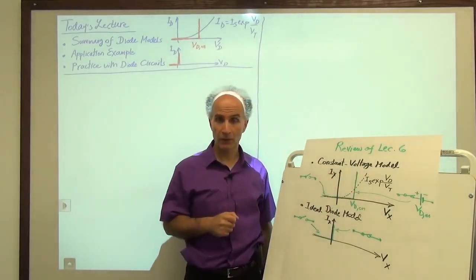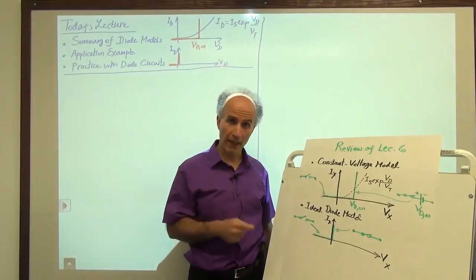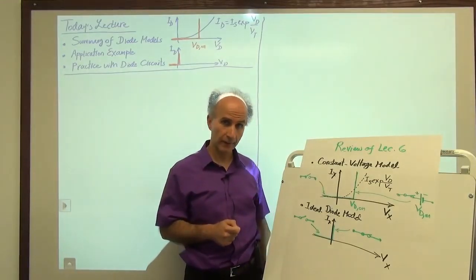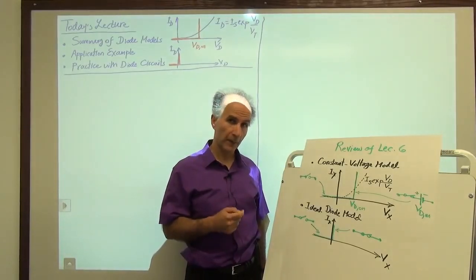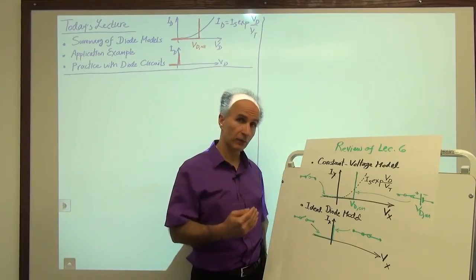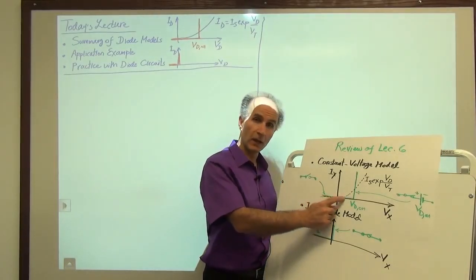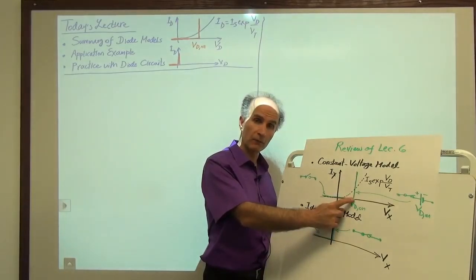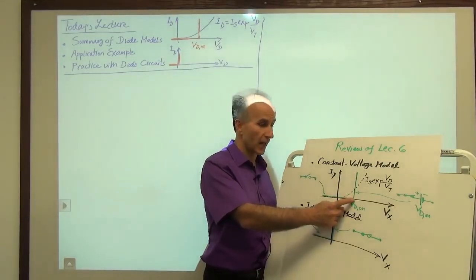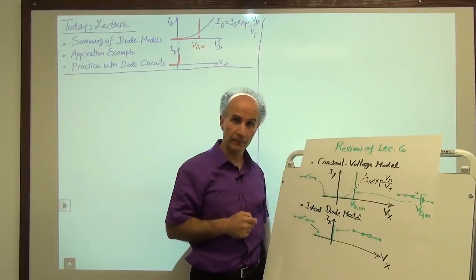But using this exponential equation is often cumbersome in manual analysis of circuits. So we thought perhaps we can make a simpler model, which we call the constant voltage model. In that model, we have zero current up to a certain forward bias voltage, VD on, and then suddenly the current can increase arbitrarily.